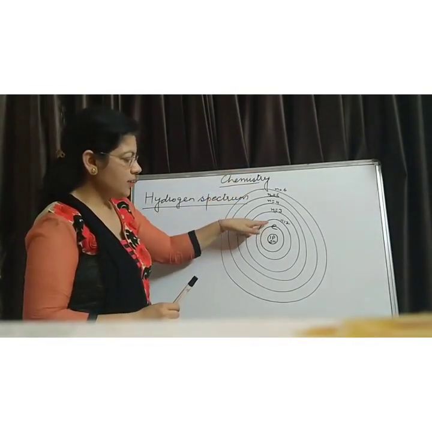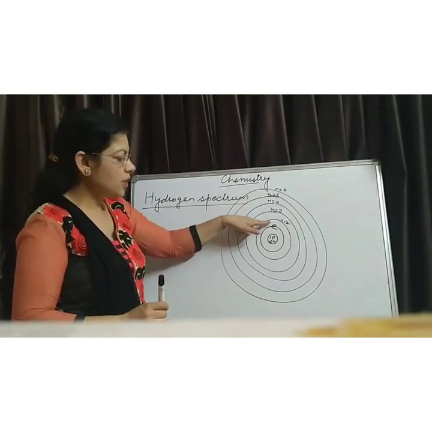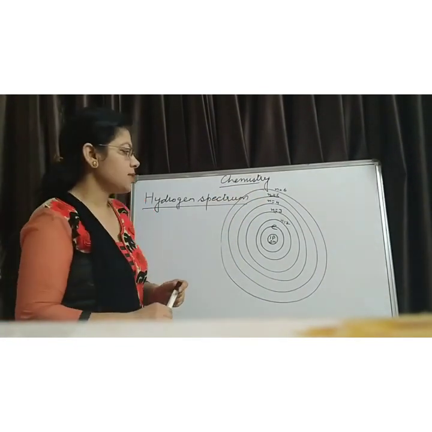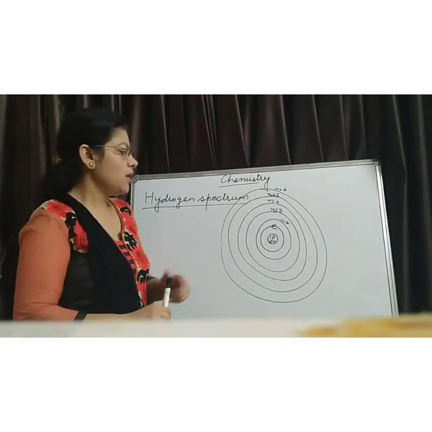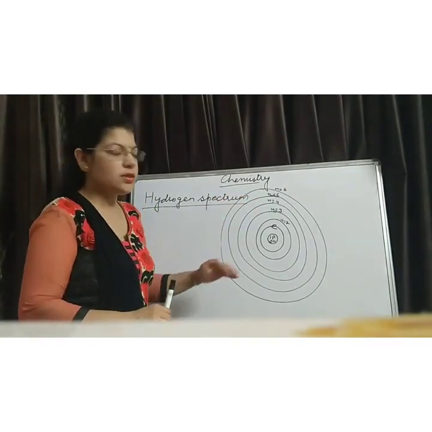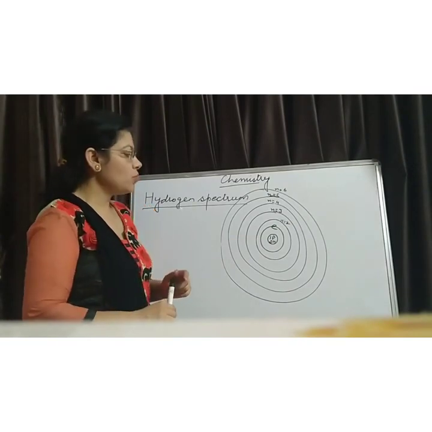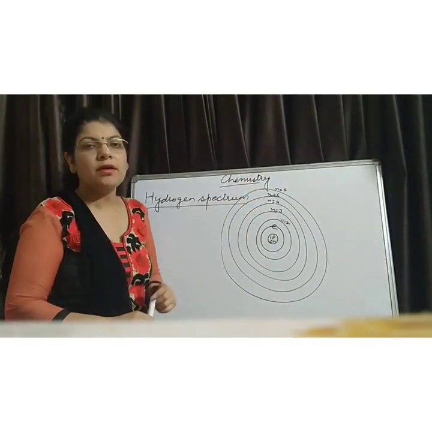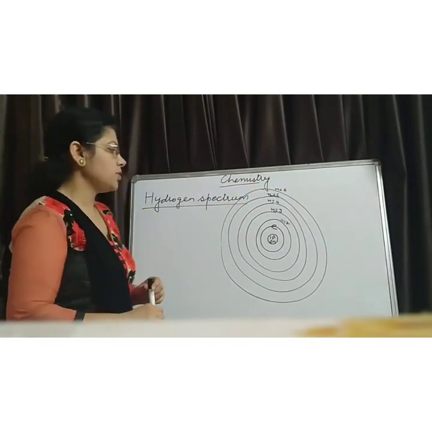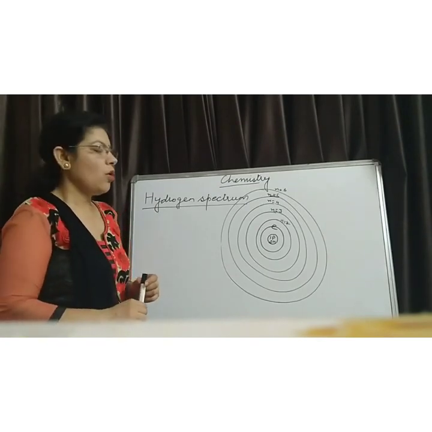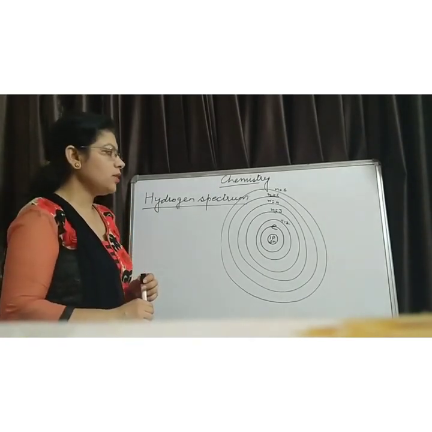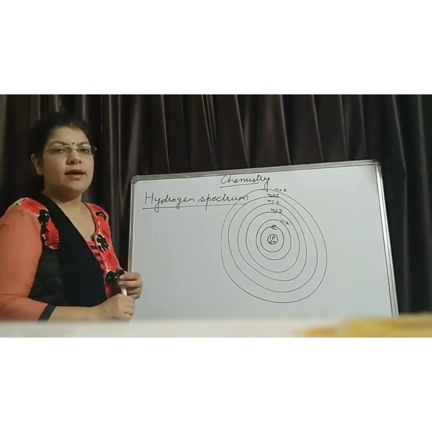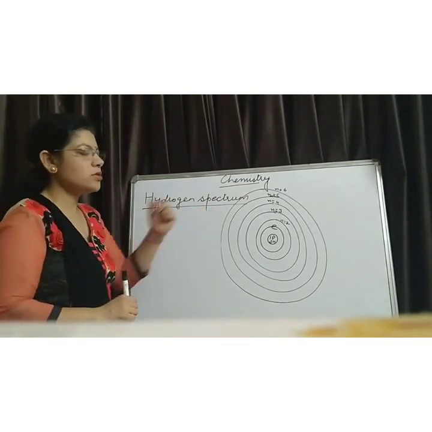When this electron gains energy, either it jumps into second orbit, third orbit, fourth, fifth or sixth. These all states are highly unstable states or highly unstable orbits in comparison to its ground state. So this electron comes back or jumps into the inner orbit by removing extra energy. That extra energy is released or falls in different regions with different wavelengths. That arrangement of the energy is known as the hydrogen spectrum.